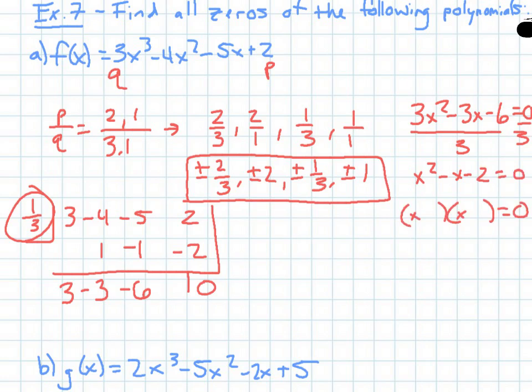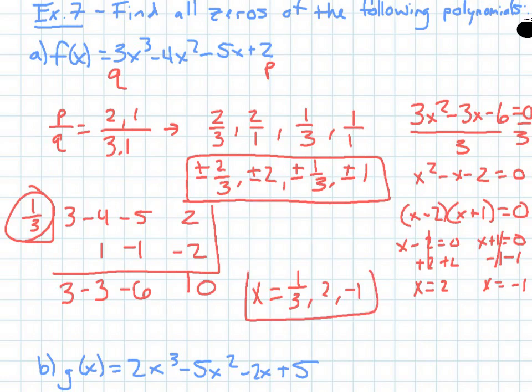So split your x's. Now factors of 2 that subtract, well, negative 1 would be negative 2 and positive 1. So it looks like it does factor. And then I want to solve. So your zeros should be 1/3, 2, and negative 1.